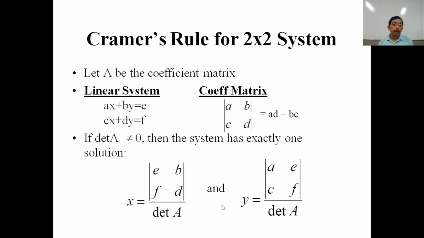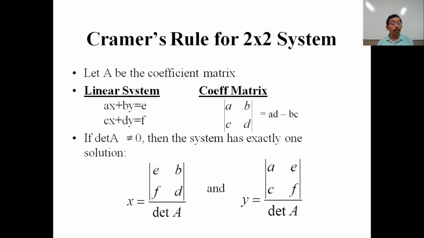It is clear, everyone? So the main rule is first we find the coefficient matrix of the given equations. After that, we find the value of x. The coefficient matrix first column is replaced by the constant values given on the right-hand side of the equations and divided by the coefficient matrix.